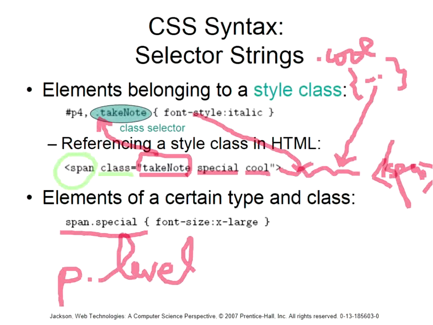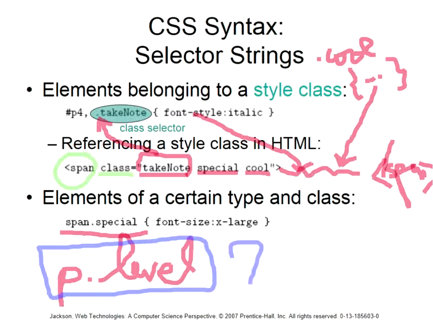So what's the meaning of p.level or span.special? For this selector, will we select all paragraphs, yes or no?